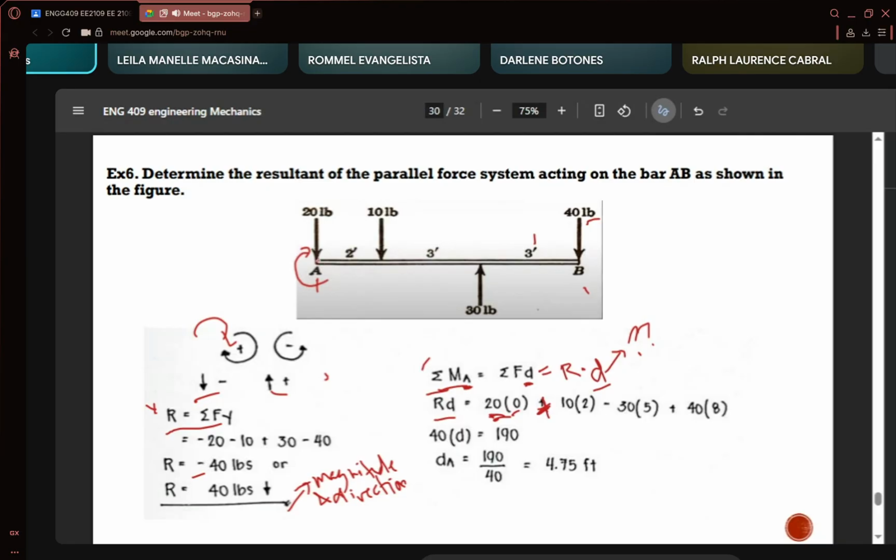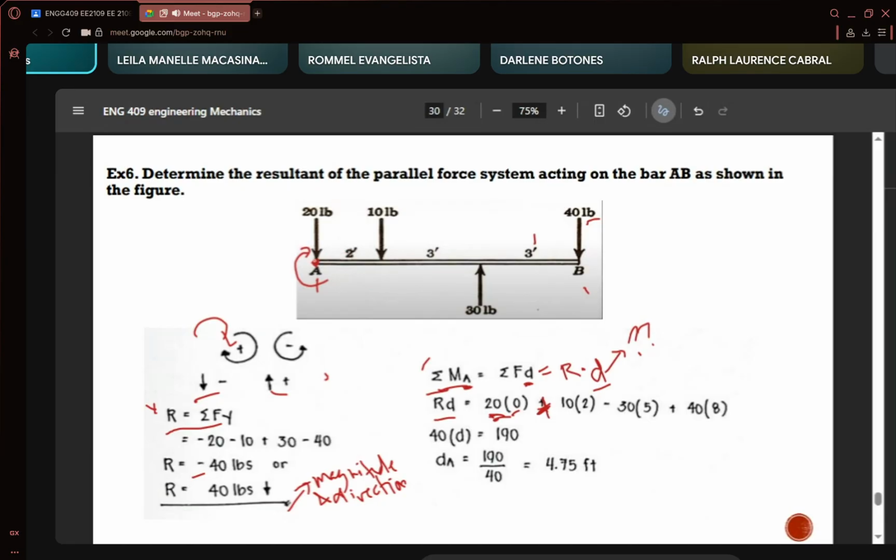This is your fulcrum. So this is your point. If you push down the bar at this point on the 10-pound force, what will be the tendency of your bar? Will it rotate counterclockwise or clockwise?